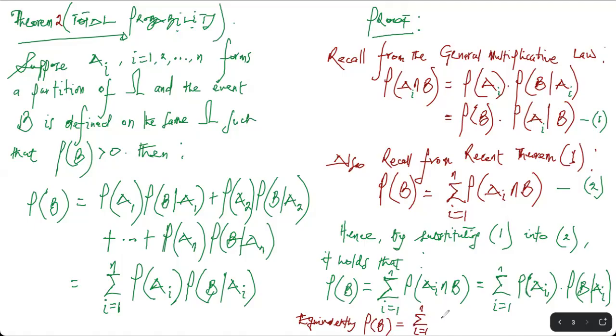But you see, let me just mention this. The reason why, I mean, that will be accurate, but that is not relevant, because think about it. We're interested in finding the probability of B. So if I say the probability of B is the same as the sum of the probability of B multiplying probability of A given B, it's like you need to find a certain value, and you're using the value itself, which you do not know, to find itself.